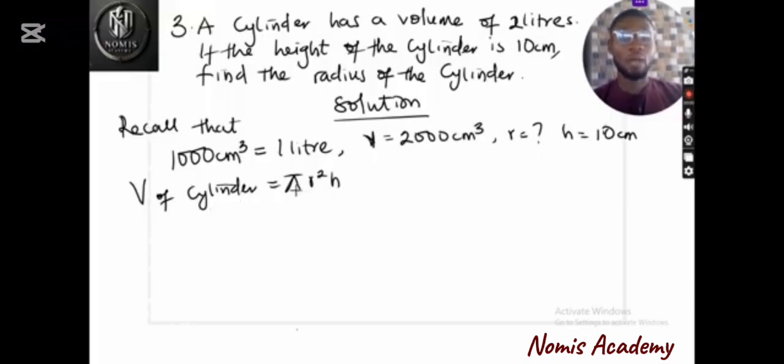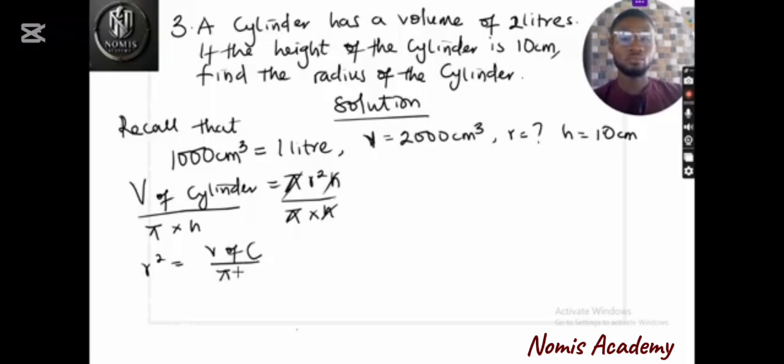Pi is multiplied by r squared and by h, so I need to divide by pi multiplied by h, so that h cancels h, pi cancels pi. So I'm left with r squared is equal to the volume of the cylinder all over pi times height.